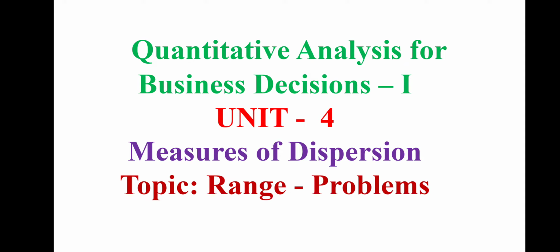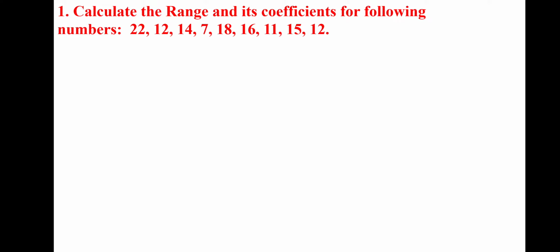I am now explaining how to solve problems, how to find range. Here, individual series of observation. In this unit, we studied already absolute measure and relative measure. Absolute measure means what we get according to the formula.